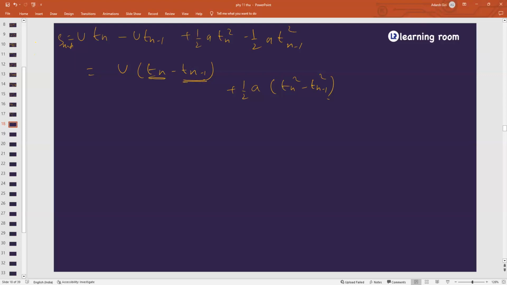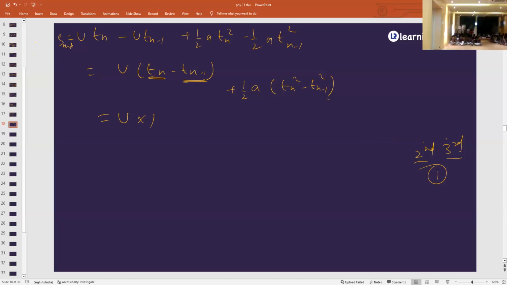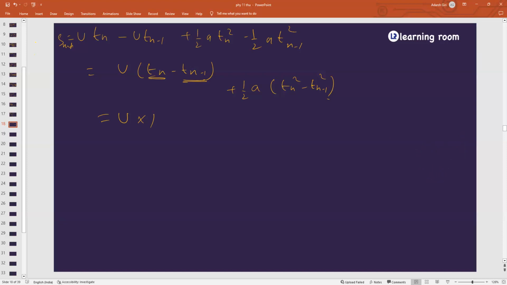It is 1 only. Tn means nth second, let us say the third second, and tn minus 1 the second. So this minus this becomes 1. Agree or not? Yes, sir. Tn minus 1 is just the previous number, so a number minus the previous number gives 1 only.